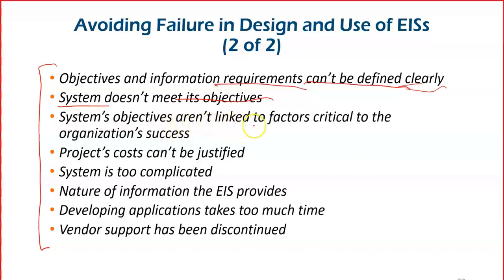And the objective is not linked to the company's success factors. And the project cost is too high, not justified. The system is so complicated. The vendor discontinues because they can never fulfill what they're supposed to do. And in the end, of course, the EIS will fail.